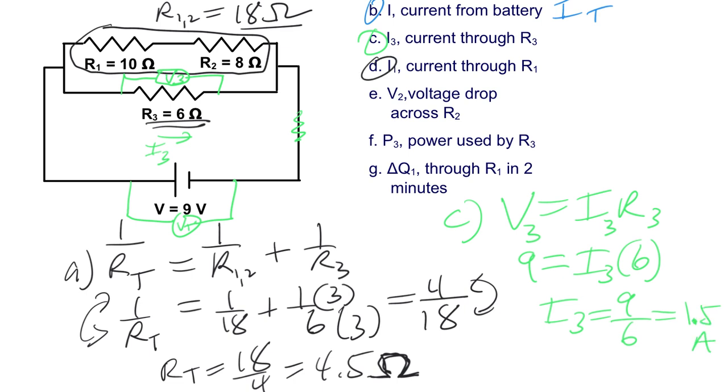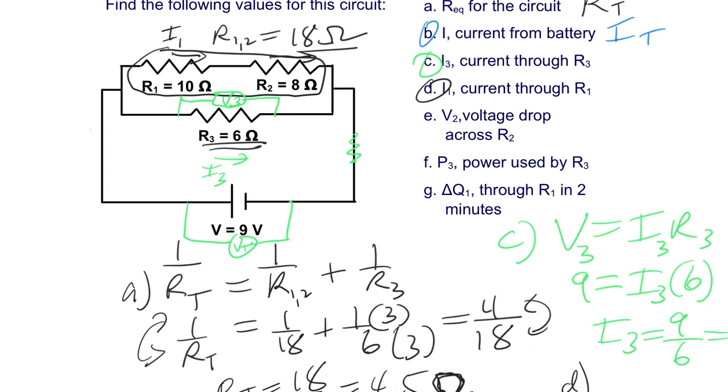So next thing we're going to find is the current going through the first resistor, which I know is the same as the current going through the second resistor because they're in series. Okay, the easy way to do that, I think, is to look at this diagram. So here's IT, total current. It's going to split up into two parts. So it's going to split up into I3, which we just found.